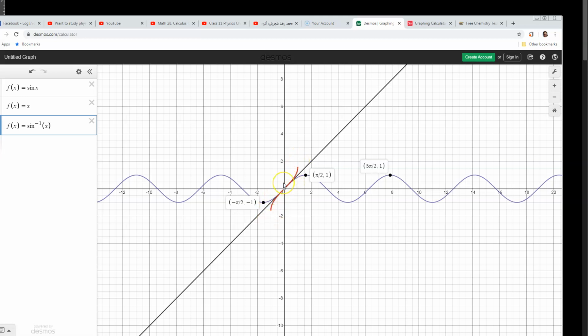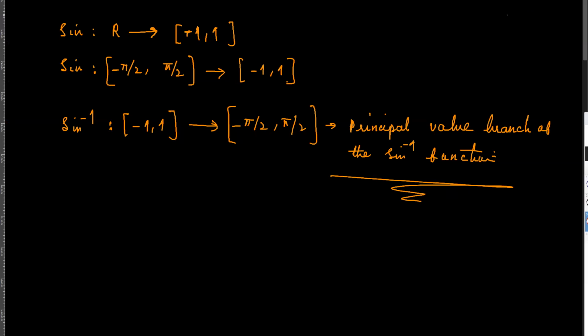That is what they mean by the dark portion. The dark portion of the graph of y equals sine inverse x represents the principal value branch.